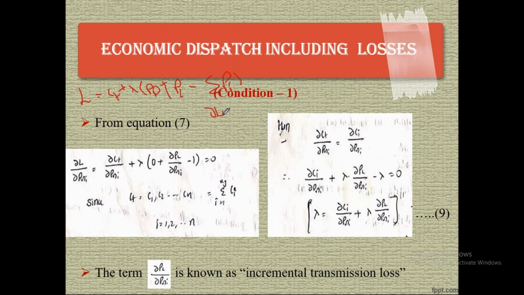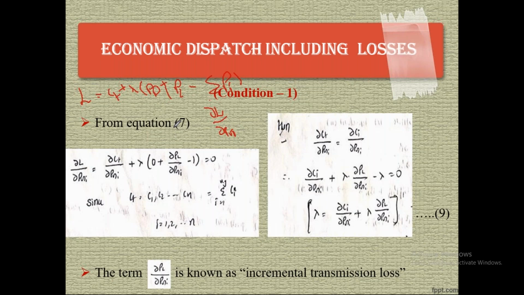We have to differentiate the Lagrange equation with respect to dou PI or PG, whatever it may be. Now if you differentiate with respect to PGi, like condition 1, you will get dou CT by dou PGi plus lambda into, here PD is a constant term, the power demand. I need this much power, so it should never change, right?